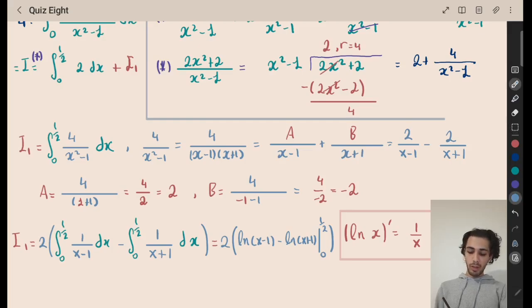If you plug in the half and you plug in the 0, you would get an ln of a negative number. That could be a bit problematic. We know that the derivative of ln of x is 1 over x, but if you want to integrate this term, you get the absolute value of x minus 1.